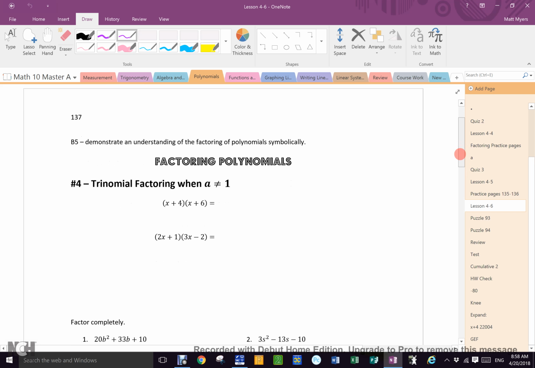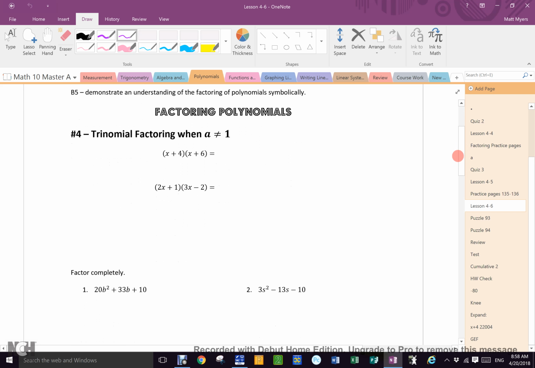Go to 137, have a stretch, shake your sillies out a bit, talk to your neighbor, because what we're about to do is weird, but still easy. It's exactly what you know how to do, exactly the same thing with two extra steps, but they make perfect sense when you think about it. Okay?